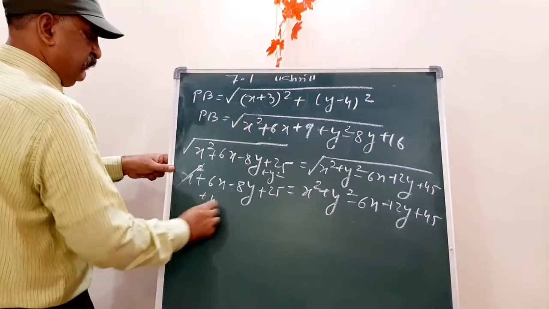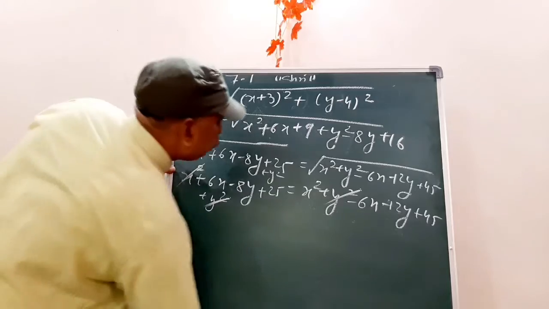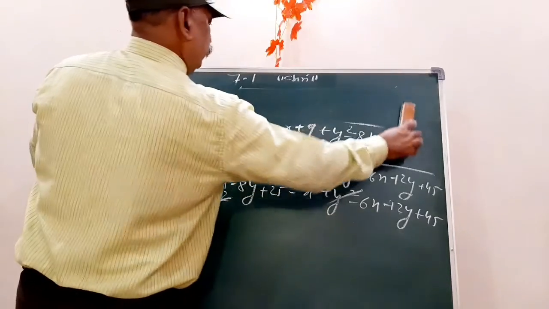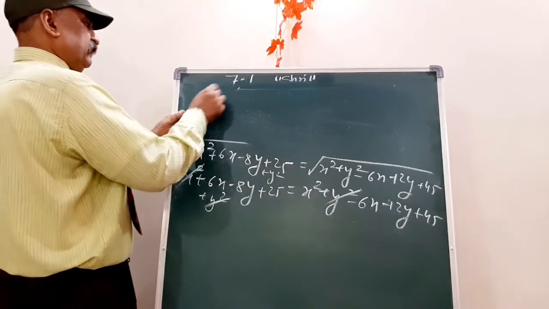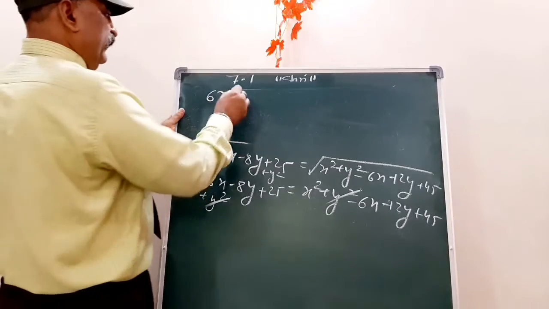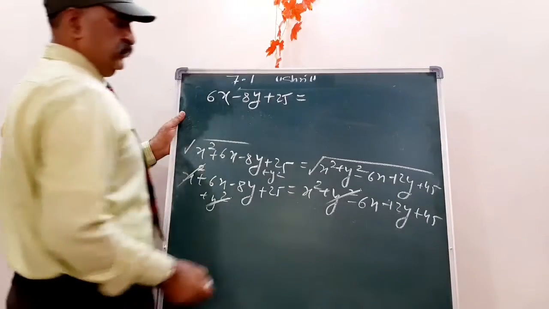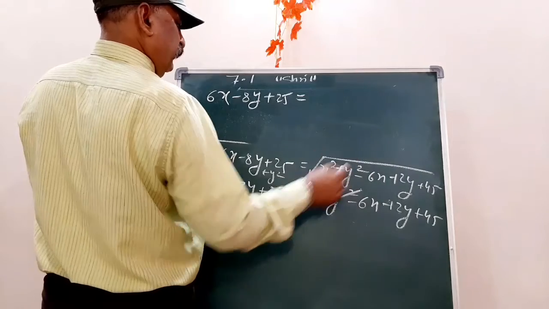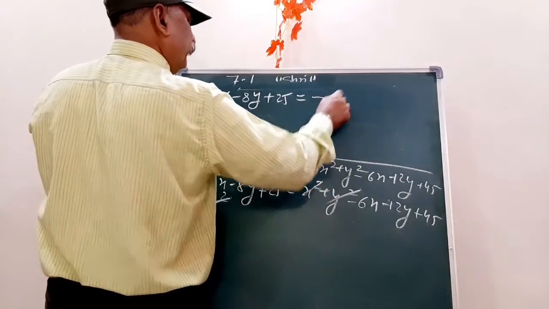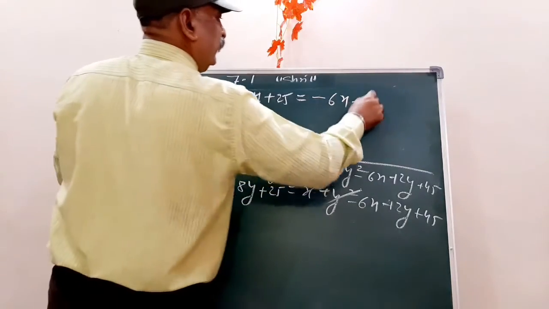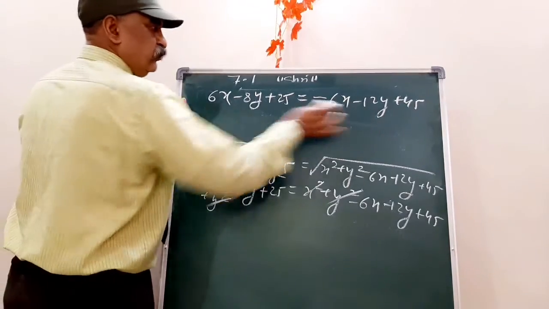So plus y square and y square will also cancel. So you will get here 6x minus 8y plus 25 is equal to, x square also cancel and y square cancel, minus 6x minus 12y plus 45. Now transfer these two terms this side.